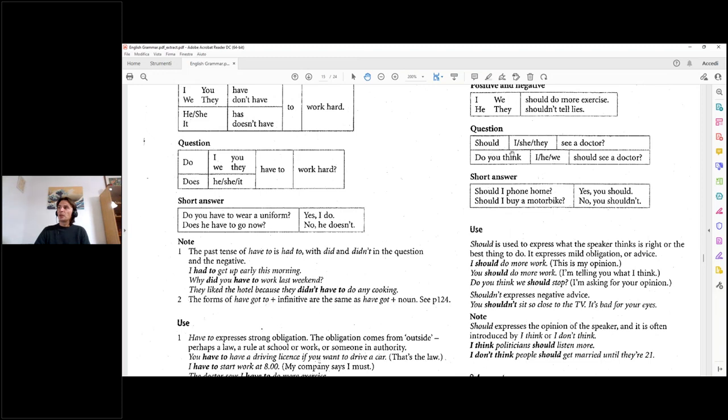Quindi should I, she, they see a doctor? Da non confondere con l'altra forma, do you think I, he, we should see a doctor? Perché in realtà posso costruire una domanda utilizzando due frasi anziché una, cioè do you think, pensi, non è dovresti, pensi che dovrei vedere un dottore, perché il do in questo caso si riferisce al verbo pensare, to think.